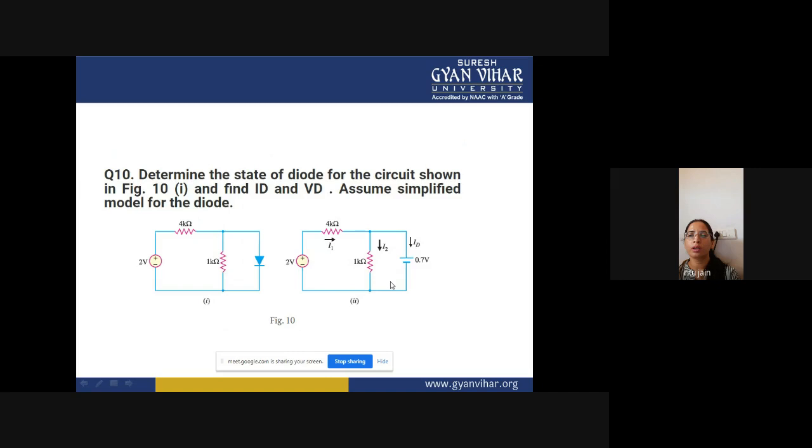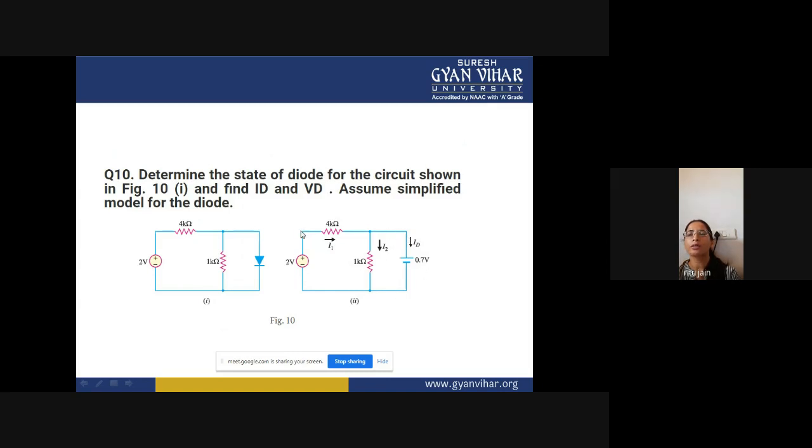And the other option by which you can solve this problem is to apply Thevenin's theorem. According to Thevenin's theorem, you want to find out the current through this diode. So first you have to remove this branch. When you remove this branch, there is an open circuit. Then you have to calculate the open circuit voltage across this branch.